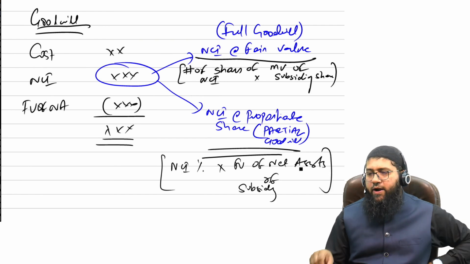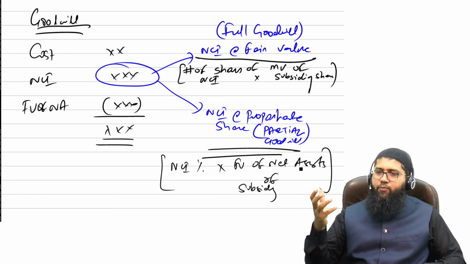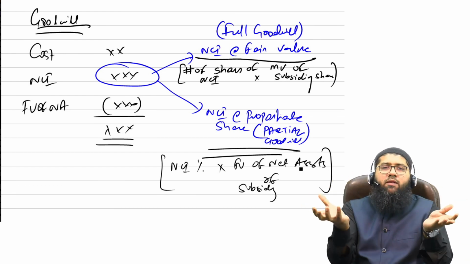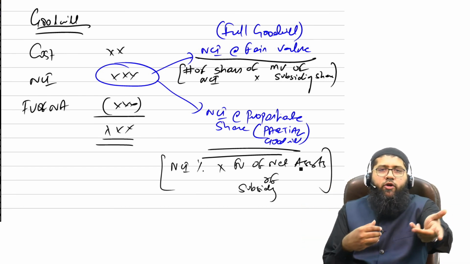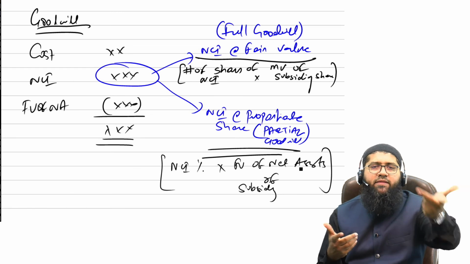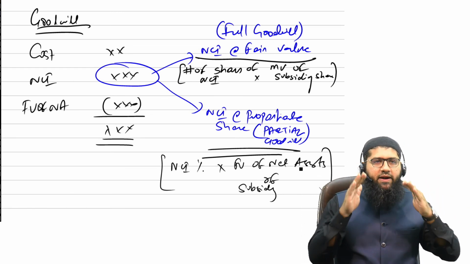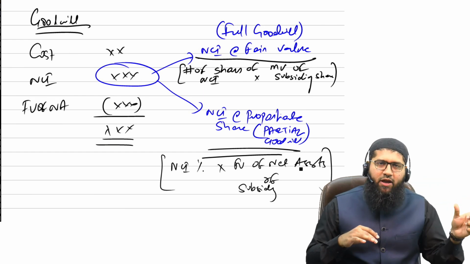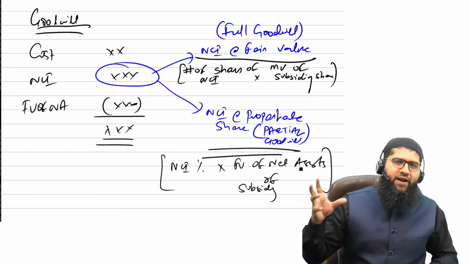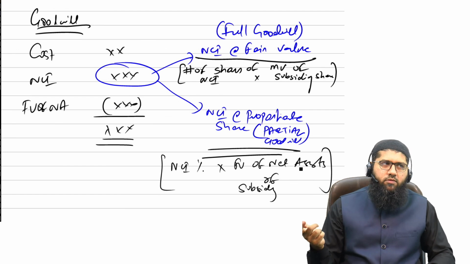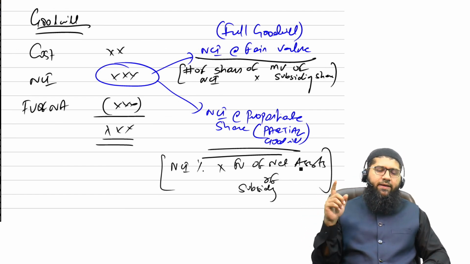So at one point NCI is at market value. At the other, we say the total value of the net assets is 100 million, 25 belongs to NCI, so 25 million is NCI.